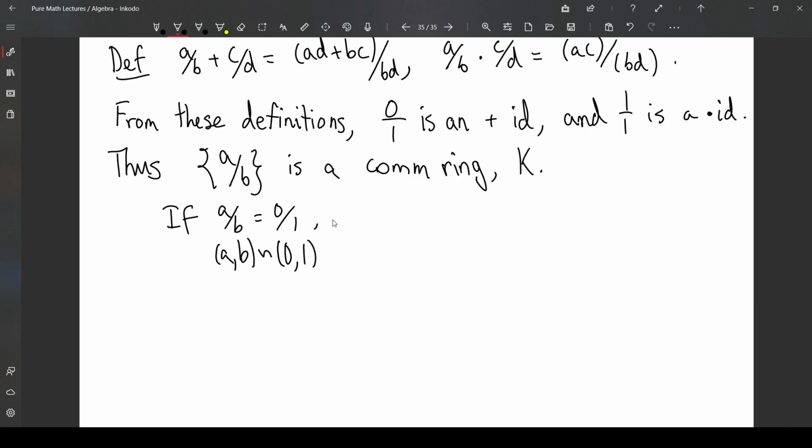And so this means that a times 1, which is a, is equal to b times 0, which is 0, so a equals 0. Thus, if a over b is non-zero, then a is non-zero. So again, I'm going to make it explicit that here when I'm saying that a fraction is non-zero, it's not equal to 0 over 1, but later on I'll be less technical with that.